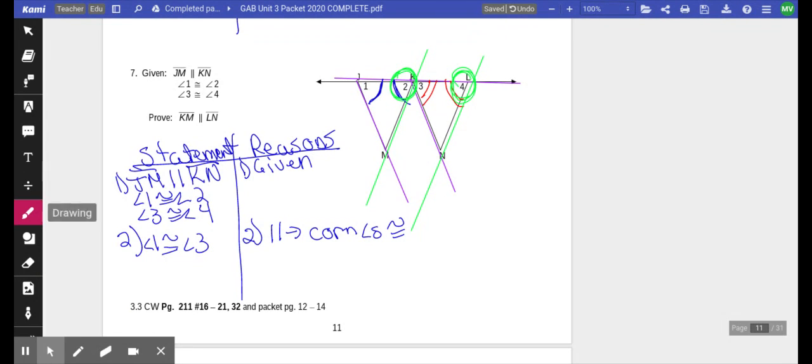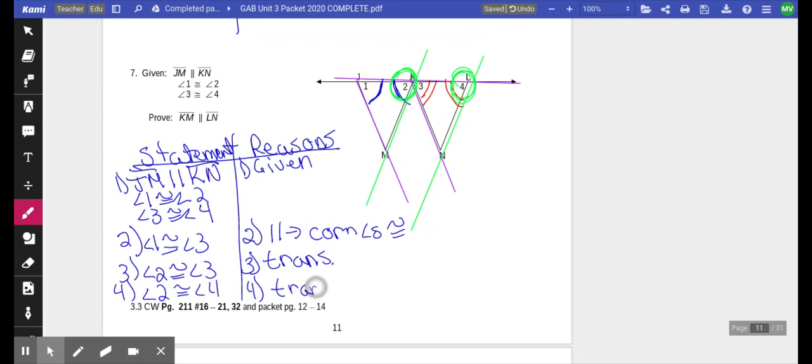So if I look at what I have here, I know 1 is congruent to 3, 1 is congruent to 2, and 3 is congruent to 4. So if I start with 1 is congruent to 2 and 1 is congruent to 3, that means 2 is congruent to 3 because of transitive or substitution. And then if I look at 2 is congruent to 3 and 3 is congruent to 4, I can say 2 is congruent to 4, which again is transitive. And then those are the angles I want.